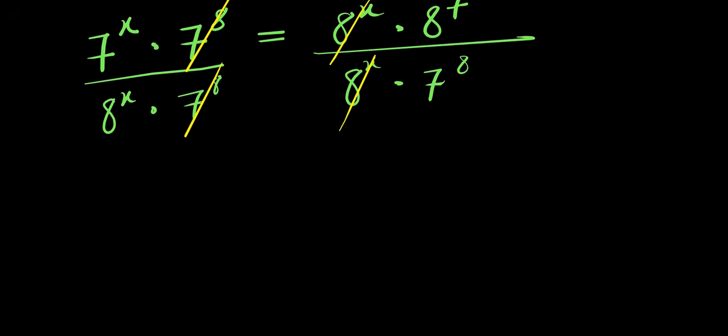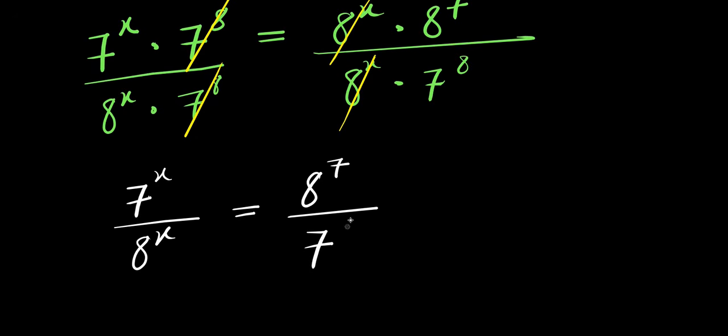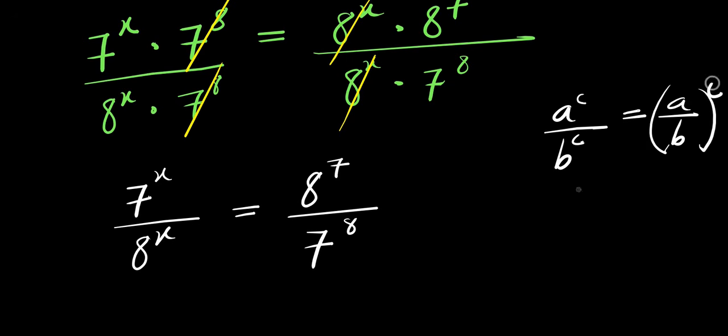We are going to be left with 7 power x divided by 8 power x, and this equals 8 power 7 divided by 7 power 8. Now, if you have a power c divided by b power c, this will give you a divided by b all power c.